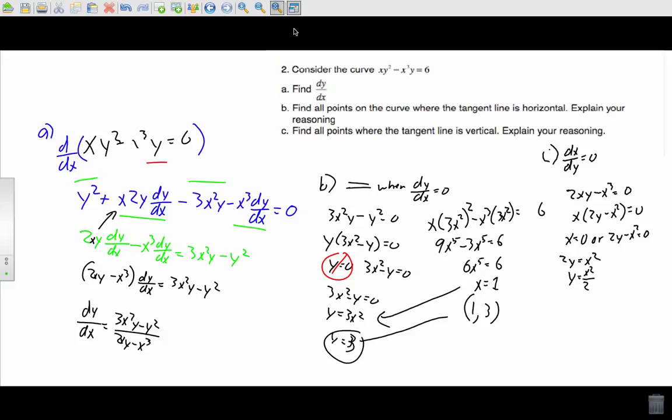So we go back, we do the same thing. We put x squared over 2 into the original equation. We get (x squared over 2) squared minus x to the third times x squared over 2 is equal to 6. This becomes x to the fifth over 4 minus x to the fifth over 2 is equal to 6. Our common denominator is going to be 4.